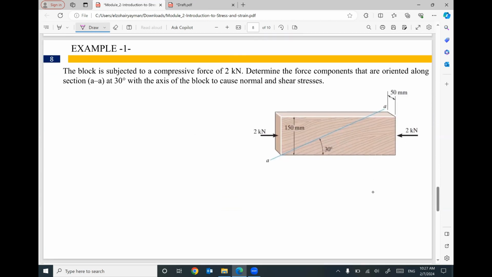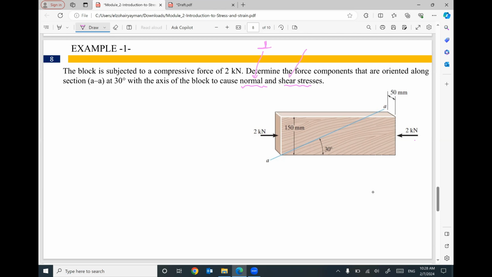I have an example here. We are given a piece of material, whatever the material, and we have two opposite forces, 2 kilonewton and 2 kilonewton. We are given this cross section AA, and I would like to figure out the values of the forces that will cause normal stress and shear stress. Remember, normal stress is perpendicular to the cross section.